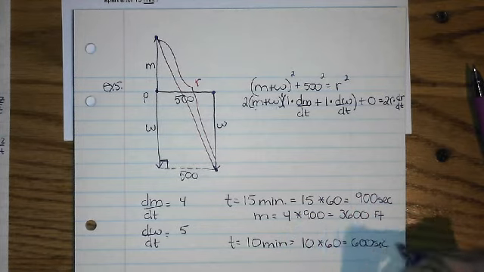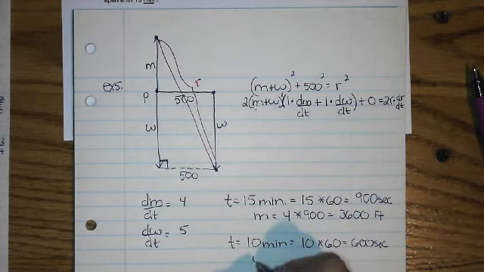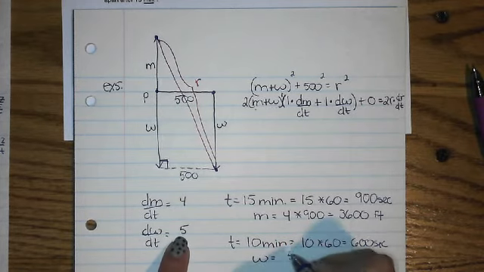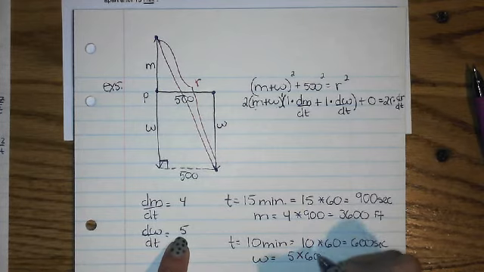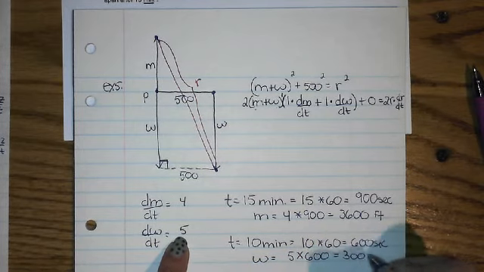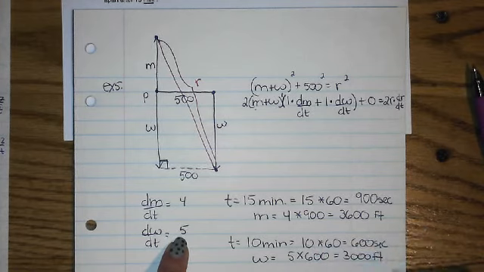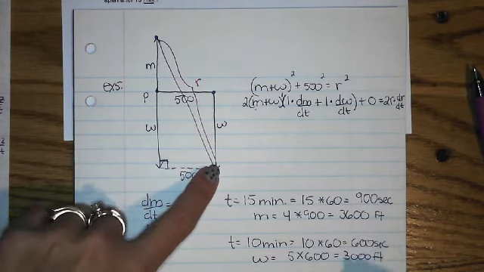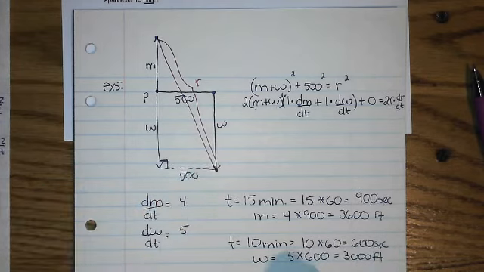So her walking time is only going to be 10 minutes. Which means she would have been walking for 600 seconds. So her distance, for every second she walks, she's traveled 5 feet per second. That'll be 5 times 600. So she will have 3,000 feet traveled.